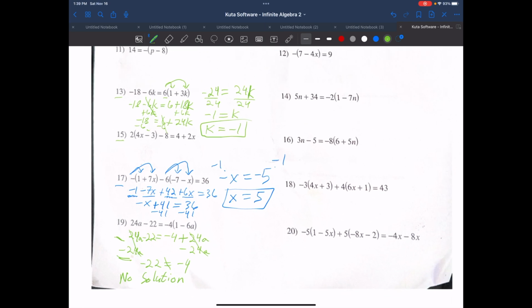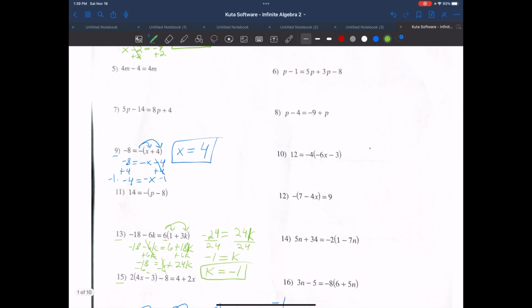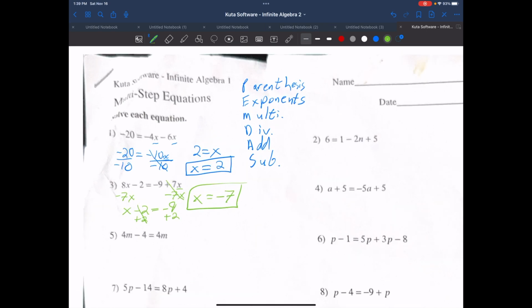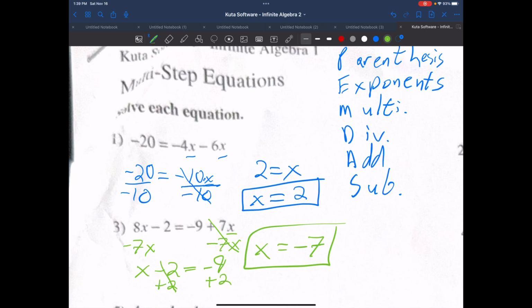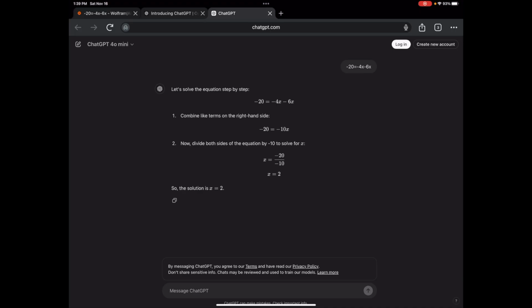So something else I wanted to show you is, let's go back to number 1. On number 1, we can see that our answer is x equals 2. Here is ChatGPT, right? The correct way of using it would be to put in your answer and then combine like terms. It shows you step by step. Combine like terms on the right hand side.